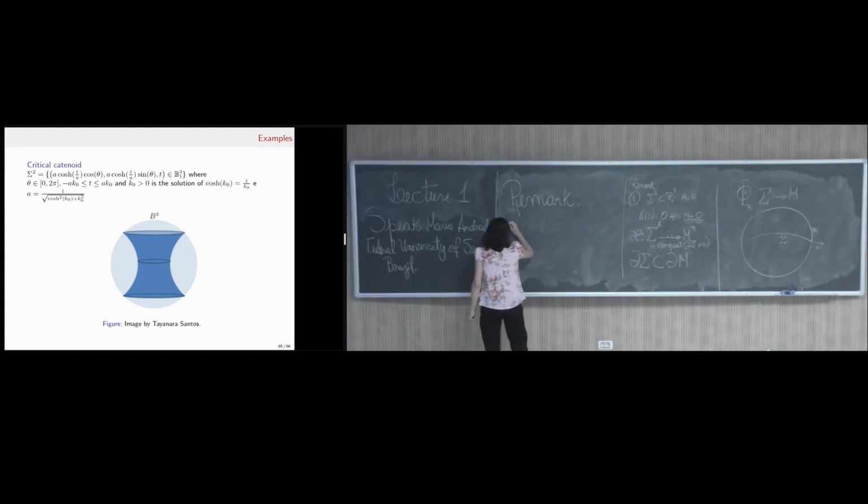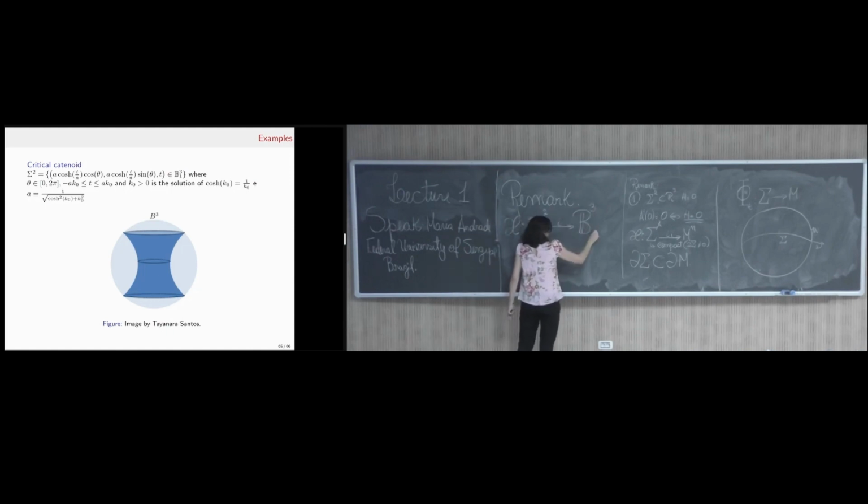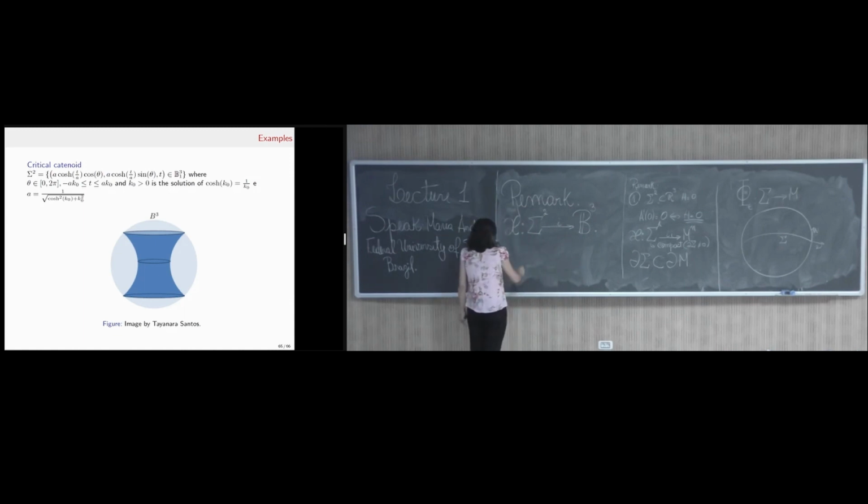When you see the free boundary surface in the ball, imagine you have here x1, x2, x3, and you can calculate that the Laplacian of these coordinates is equal to 0 if the mean curvature is equal to 0.